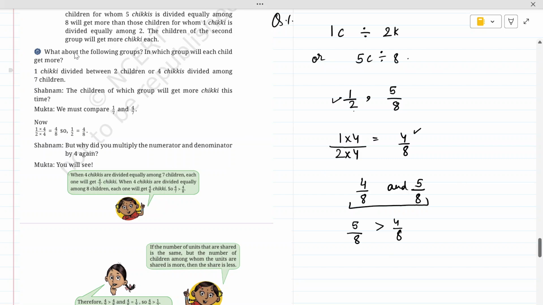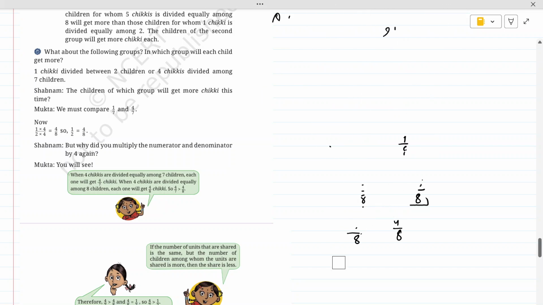Now, next we have another example here. Let me erase this first. Okay. So what about the following groups, in which group will each child get more? So here we are given few groups and we have to identify where kids are getting more. One chikki divided between two children, or 4 between 7.